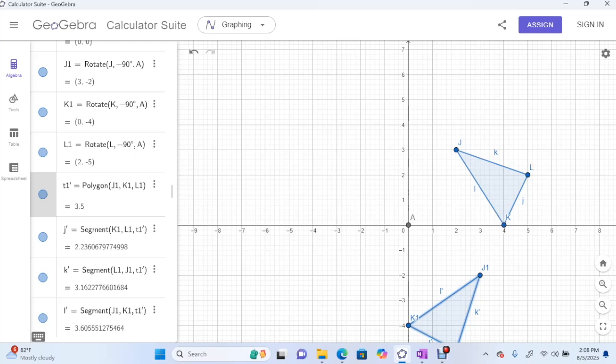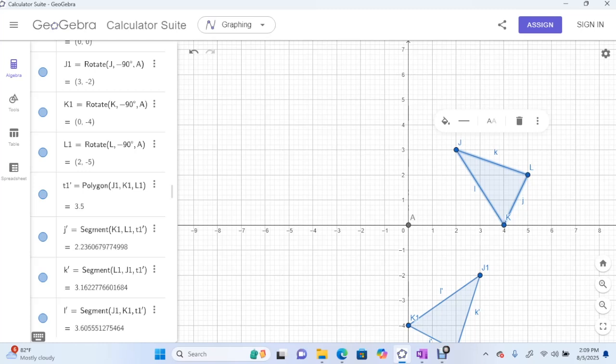We are going to the next one, which is draw the image triangle K2, L2, J2 of triangle JKL under a reflection in the y-axis. So that one too, we are going to reflect this triangle here, the first triangle, this one.